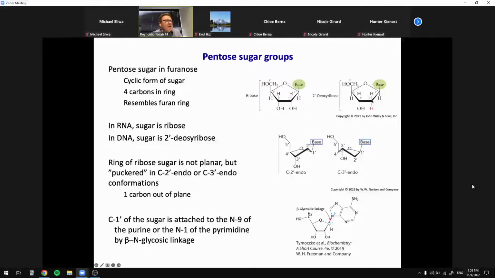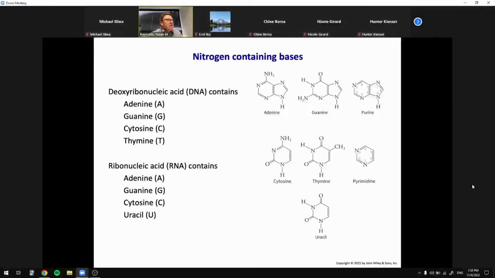And in DNA, it's a 2' deoxyribose. So deoxy, we don't have that oxygen at the 2' position. And remember, we number these 1', 2', 3', just to differentiate them from the numbering of the base, where we don't use the prime. That way you can distinguish the 1 position from the 1' position.